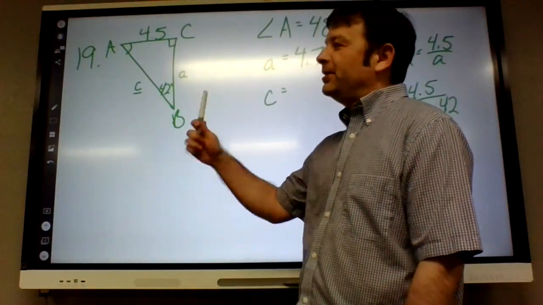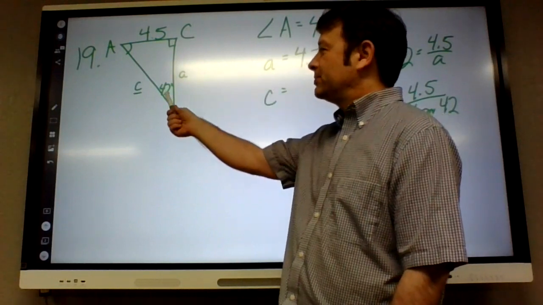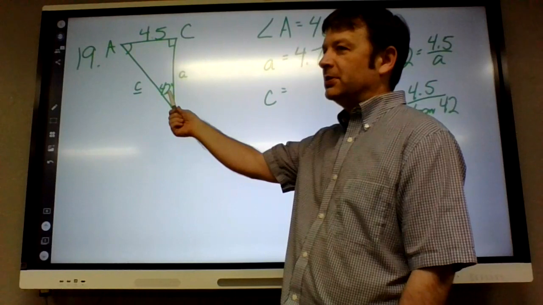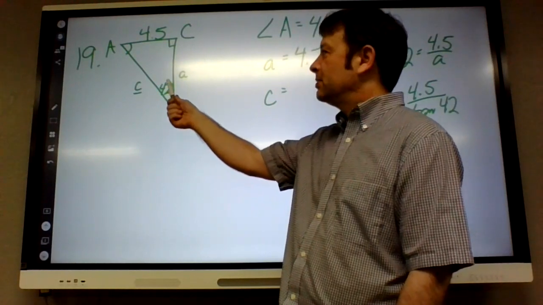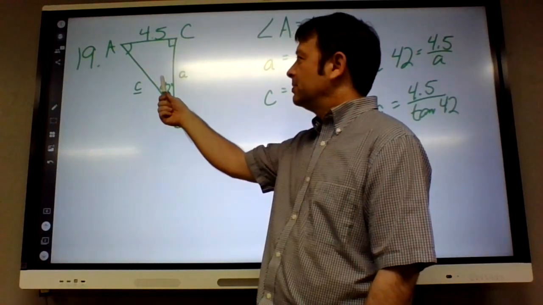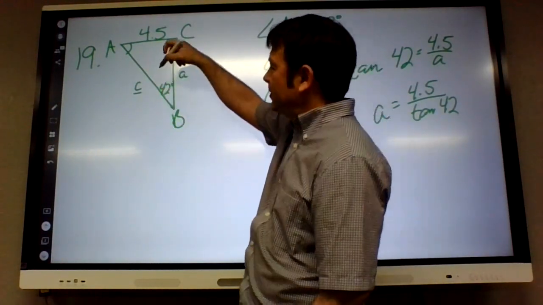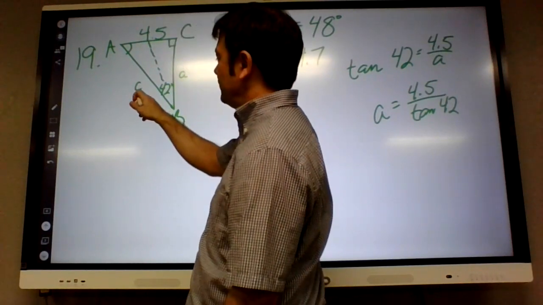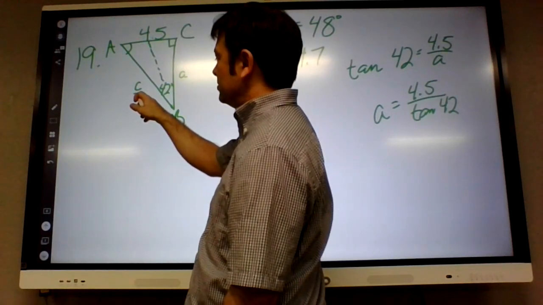I got nothing. Okay, you always start with an angle. So starting from this angle, 42, then what? The opposite or the adjacent is 4.5. If it's across, then it's opposite, and we're looking for the hypotenuse.